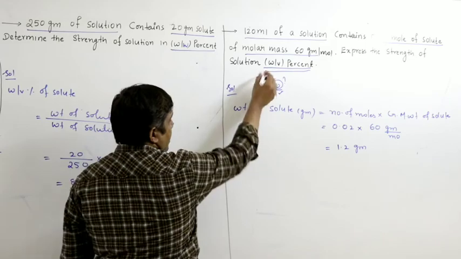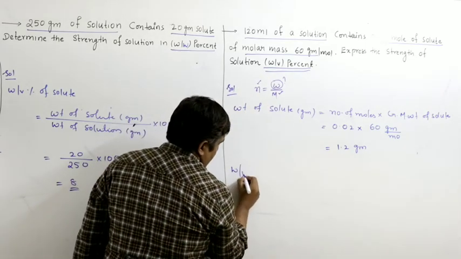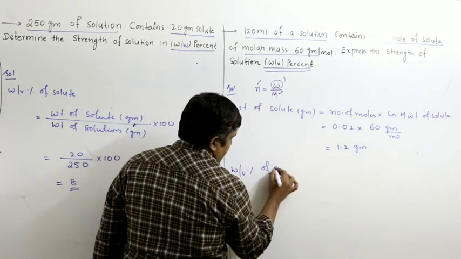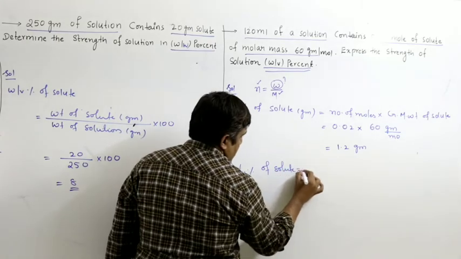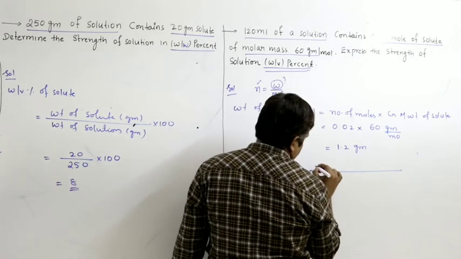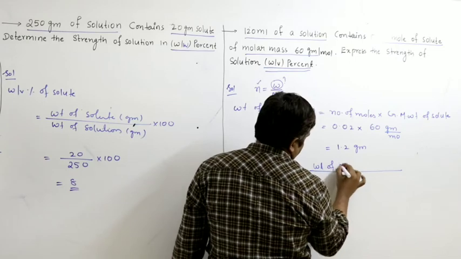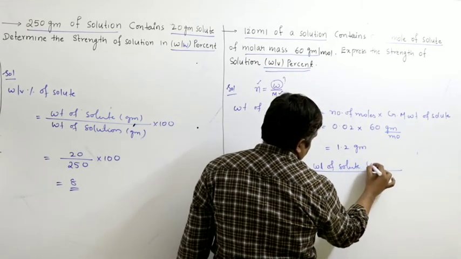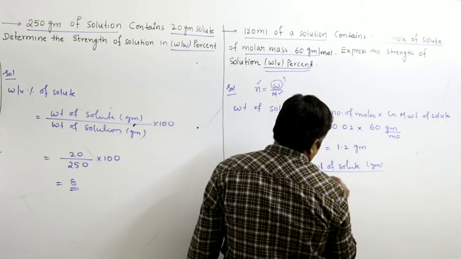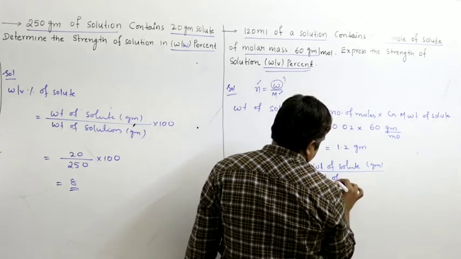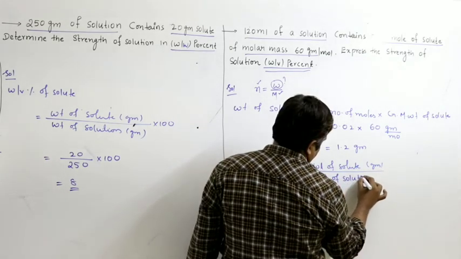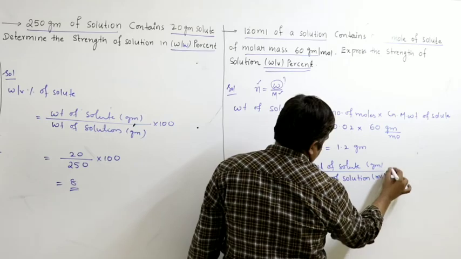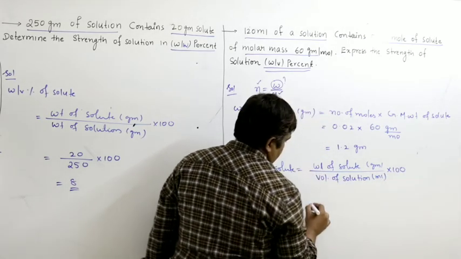Next, what we have to find? Weight by volume percentage. Weight by volume percentage of solute is equal to weight of solute in grams by volume of solution in ml, into 100.